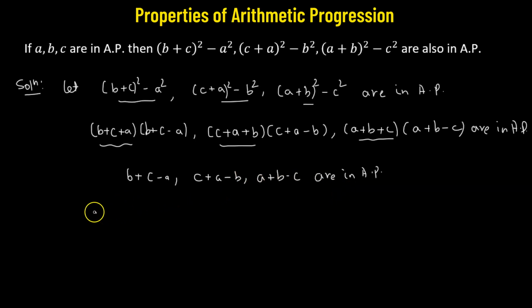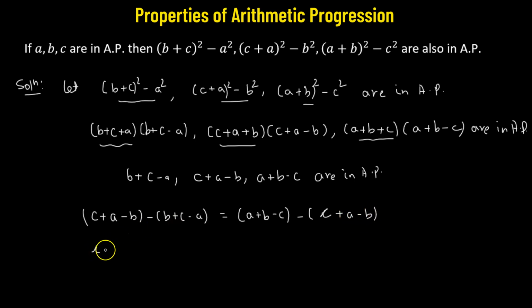Now we consider the second term, c plus a minus b, and from it we subtract the first term, b plus c minus a. This equals the third term, a plus b minus c, from which we subtract c plus a minus b.